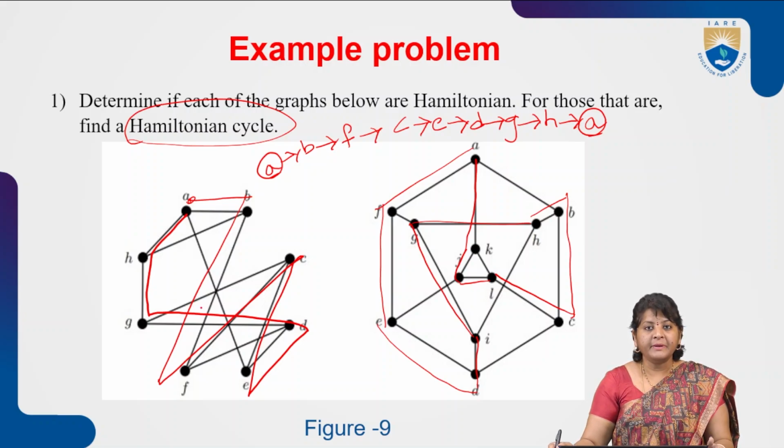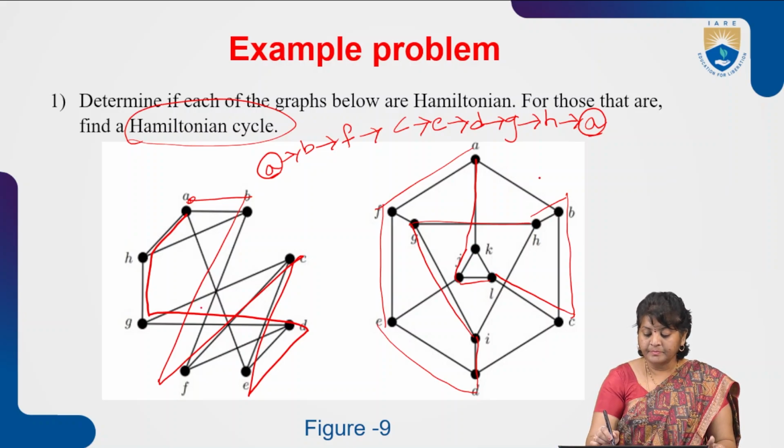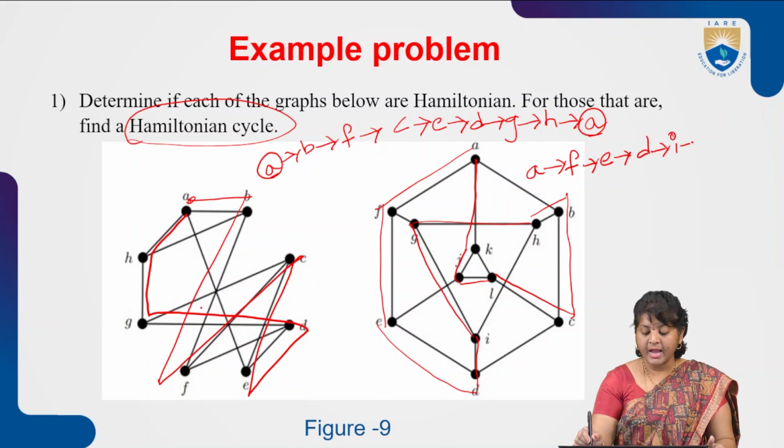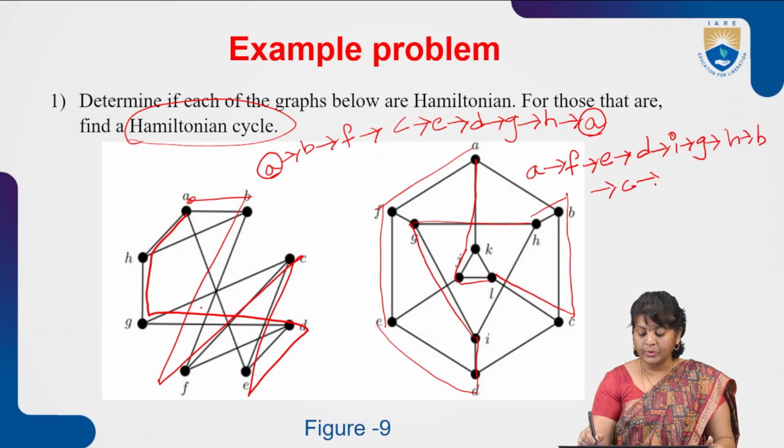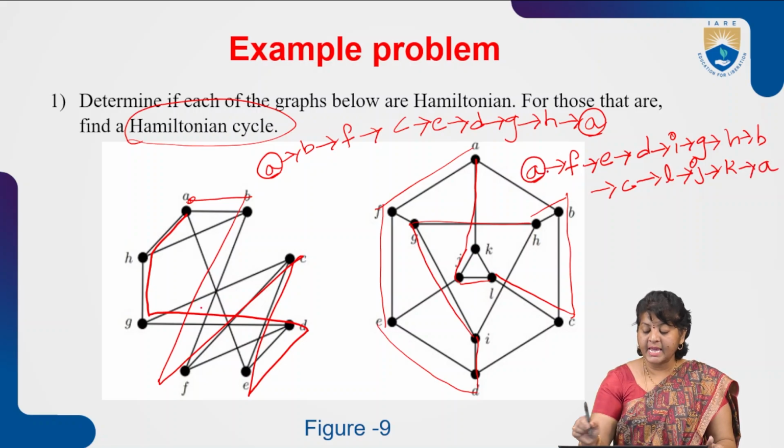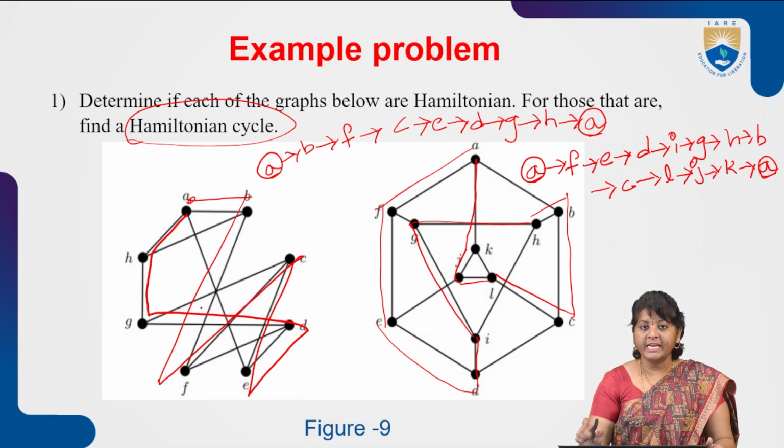But here, when I attempt a second time, I find another possibility where I start from A to F, F to E, E to D, D to I to G, G to H, H to B, B to C, C to L, L to J, J to K, K to A. The starting vertex is A and the ending vertex is A. So each vertex is visited only once.